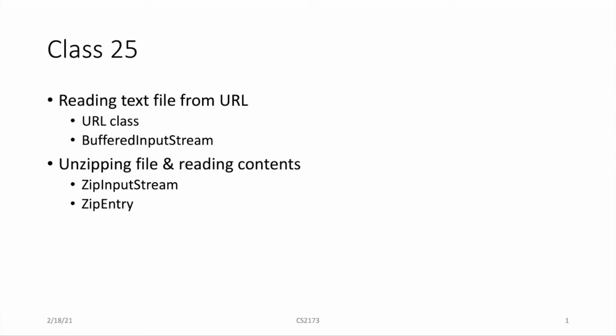So today, we're going to read a text file from a URL. As we'll see, it's actually fairly straightforward, with the one exception of the URL. There's a class called URL, which interacts with things on the internet.